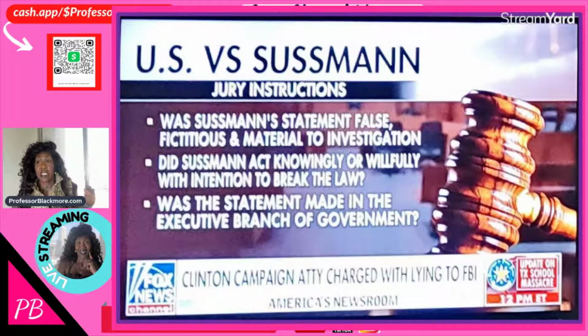This is another element. Did he act knowingly or willfully with the intention to break the law? I'm sure they'll be able to make out this last element, was a statement made in the executive branch, but you have to have a statement first. We still don't have evidence of a statement.